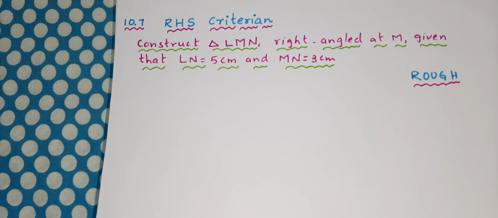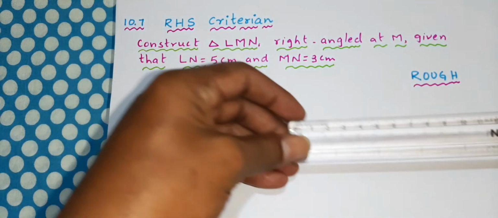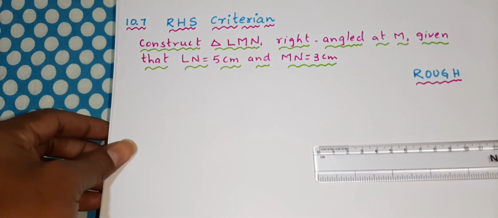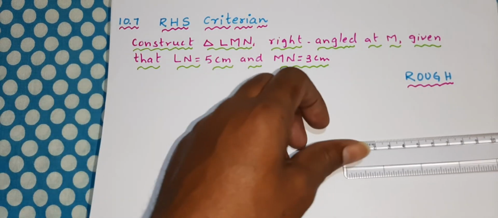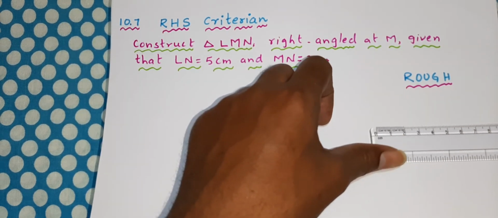So before that, first of all, draw a rough sketch. Right angle means one angle will be 90 degrees. Right. So now rough diagram. Here they given LMN.